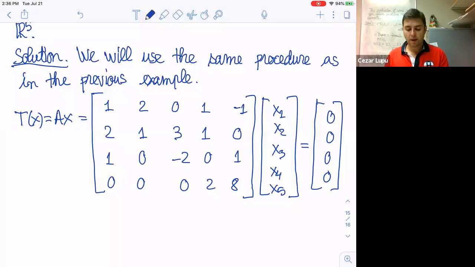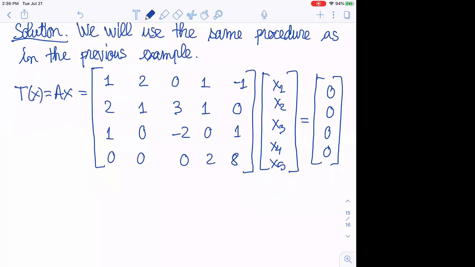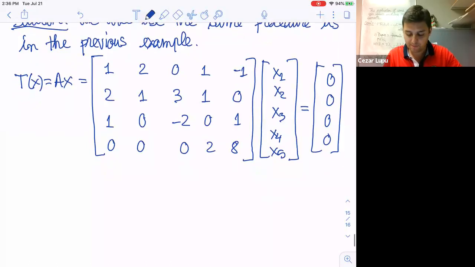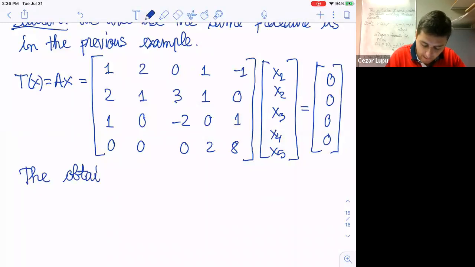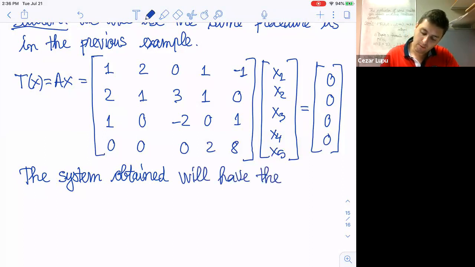And guess what? Once you multiply all this, doing all these operations, we will obtain a system, and the system obtained, which I'm lazy to write out, but I can, will have the following augmented matrix.